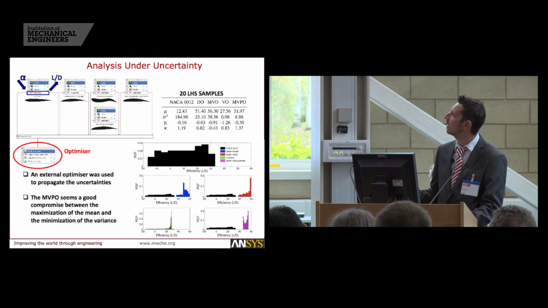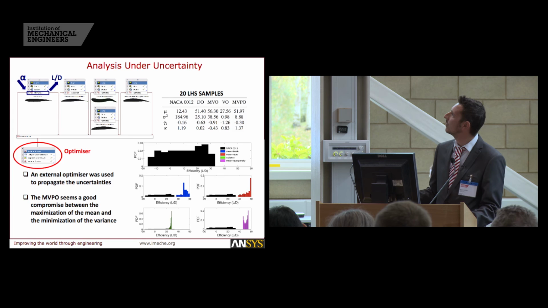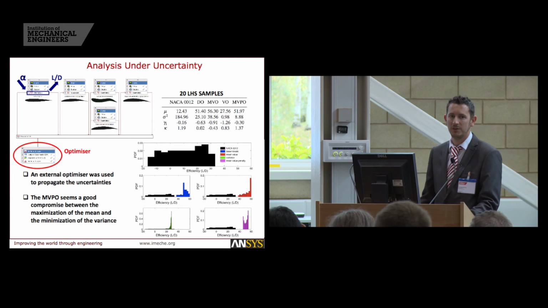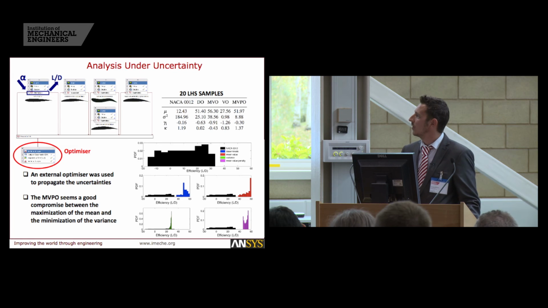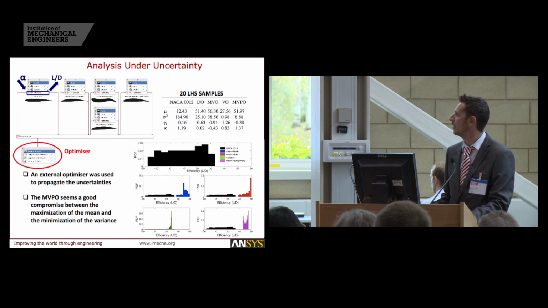So we can see some values here in terms of the mean values from 12 up to over 50 here, and also the variance drops from 184 down to 8.8. So we have a significant drop in the variance as well. So the MVPO seems a good compromise to maximise the mean and minimise the variance for the NACA profile.